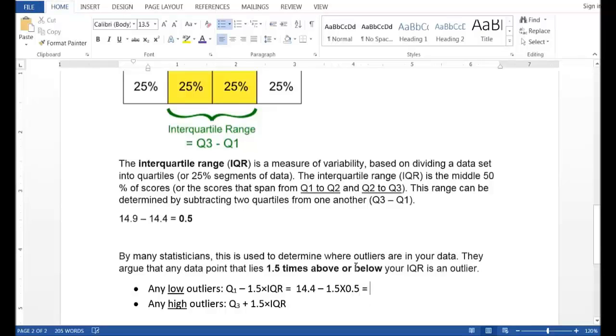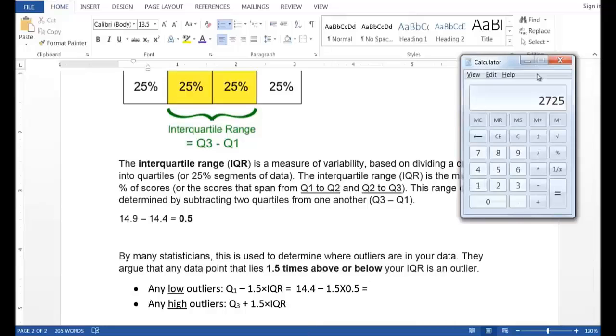Alright, so if you do it on your calculators, 1.5 times 0.5 is 0.75. This number right here is 0.75. So we're going to subtract that from 14.4.